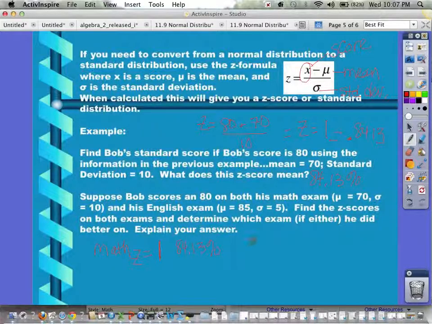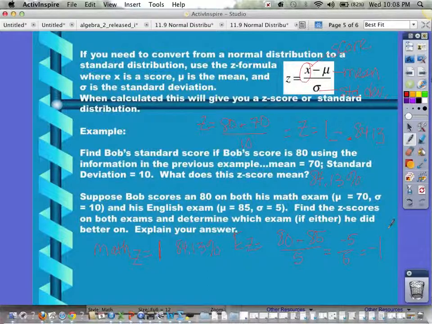All right, let's do it for the English. So that would be Z equals, and that's going to be English. English Z is, his score was 80 on both, and the mean was 85, all over a standard deviation of 5. And when we calculate that, that is going to be negative 5 over 5, which is a negative 1. Okay?